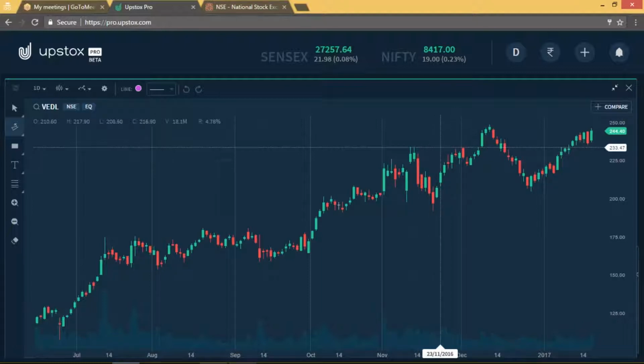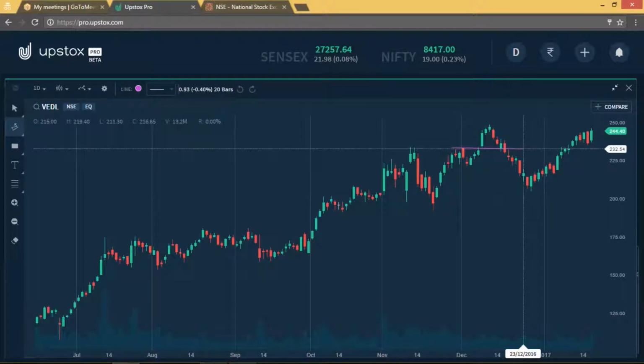Okay, so what I'm doing is I'm marking this swing high here. Okay, so that's a swing high which I have marked with the EOS line. Alright, and you can see price has closed above the swing high in this candle.